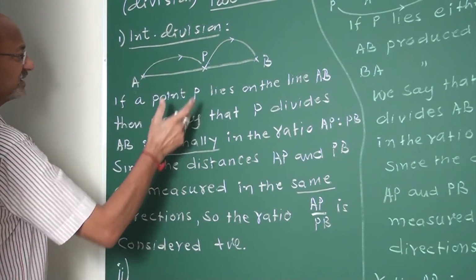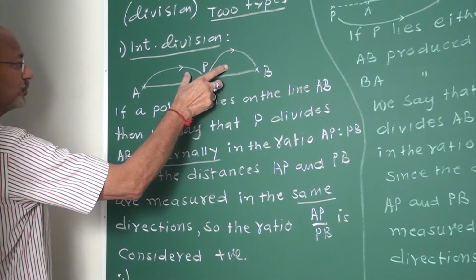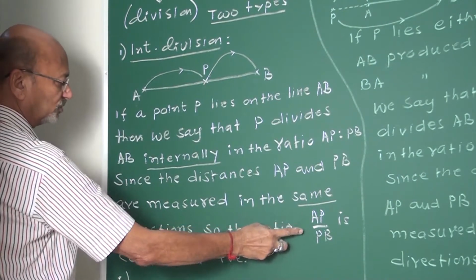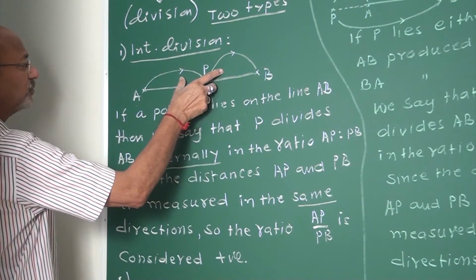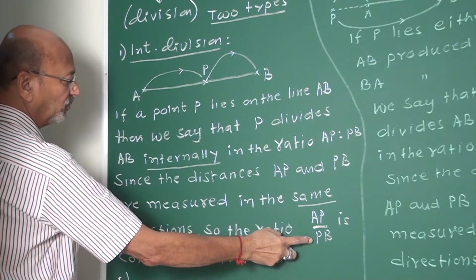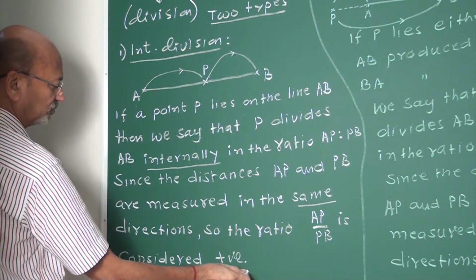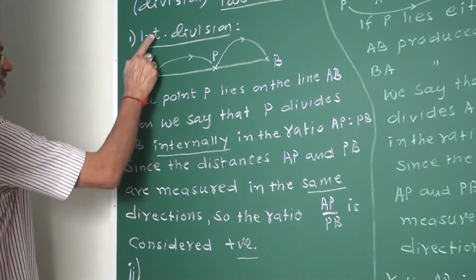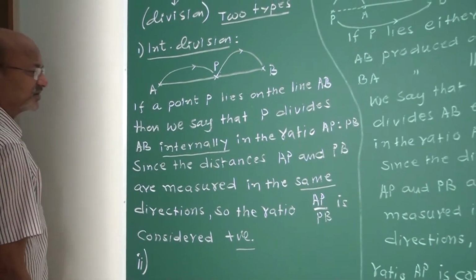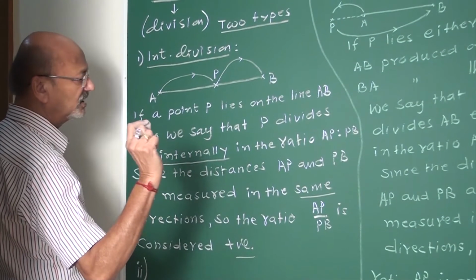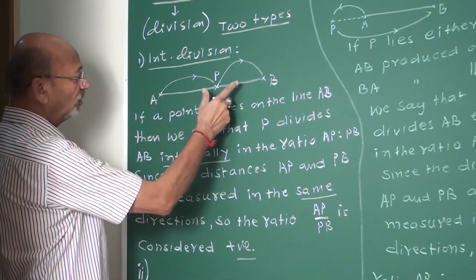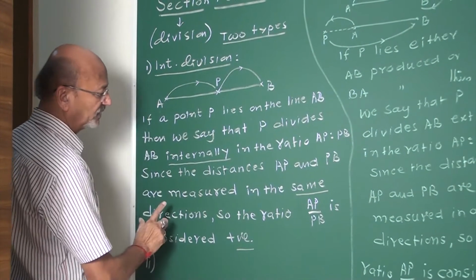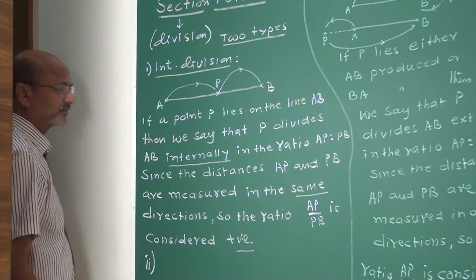Same direction means either both positive, and positive upon positive is positive, or both negative, and negative upon negative is also positive, my friends. Therefore, this is about the internal division. Remember, internal division means the point is on the line.